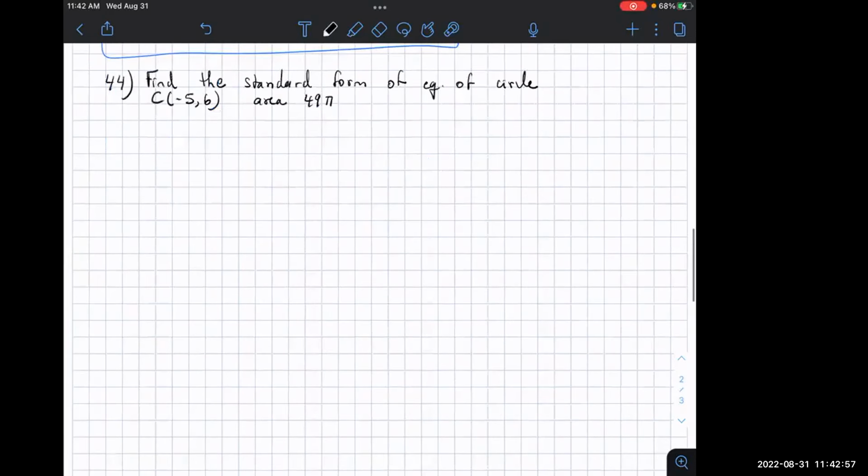And then we're going to add here and say find the x and y intercepts.